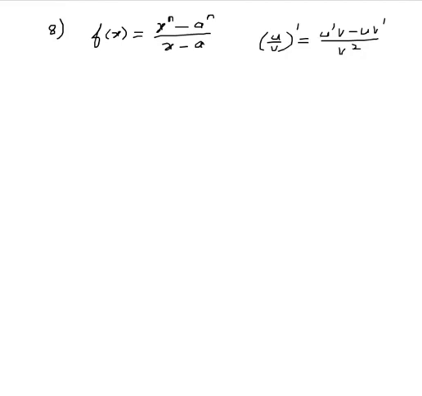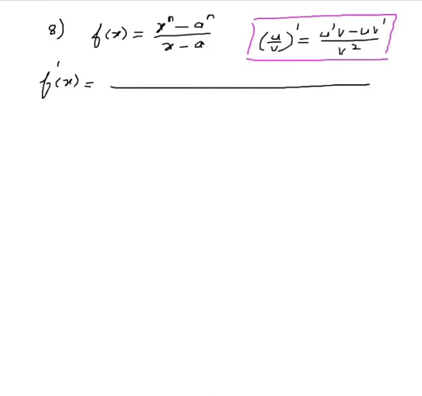Quotient rule has minus sign in between. Therefore, f dash of x is equal to u dash into v minus u and v dash divided by v square.